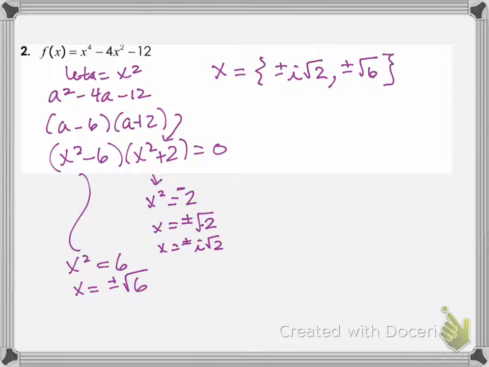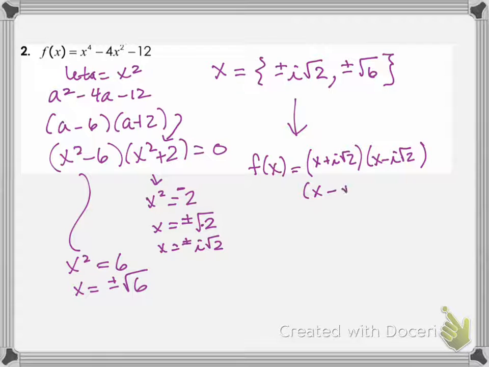And then to write my linear factorization, here it is. f of x is equal to, and then I'm going to write x plus i square root of 2, x minus i square root of 2, and keep going, x minus the square root of 6, and x plus the square root of 6.